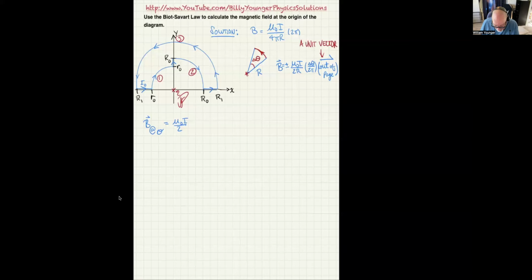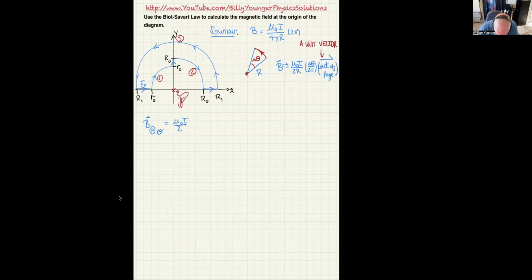And then if I grab a section of arc on arc 3, let's say in this area, then my thumb pointing up and to the left has my fingers of my right hand coming out of the page. So that, in fact, is going to be in the positive k hat direction.